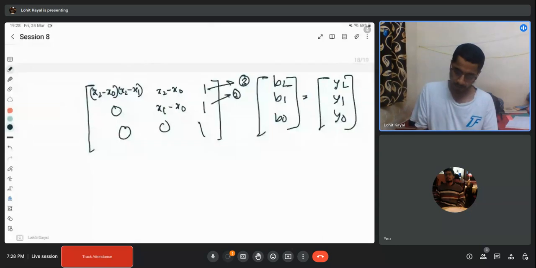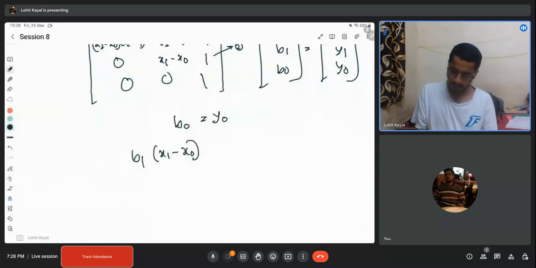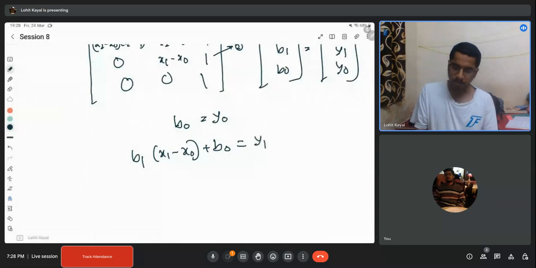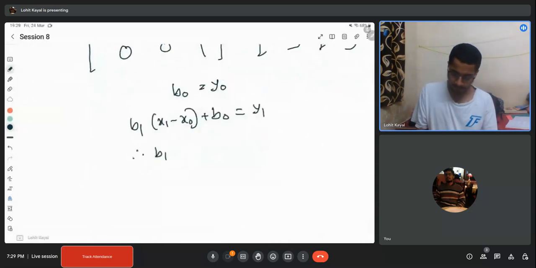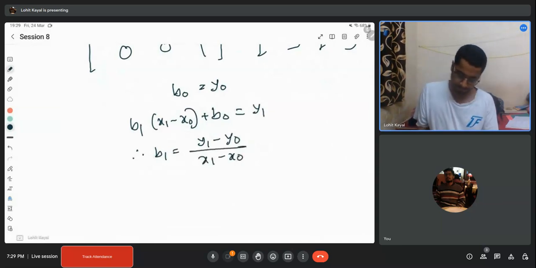So here your b0 is equal to y0. b1 into (x1 minus x naught) plus b0 is equal to y1, and b0 is y0. So b1 equal to (y1 minus y naught) by (x1 minus x naught).